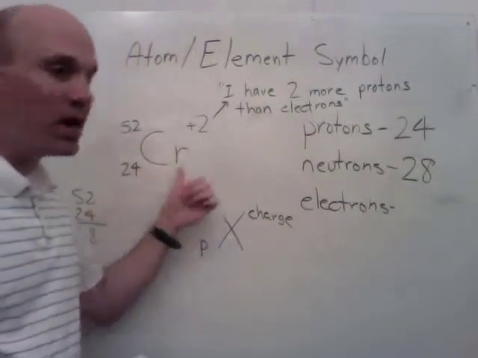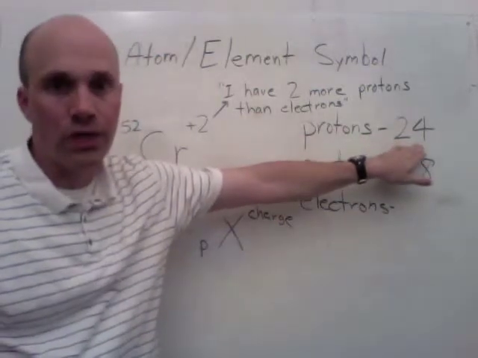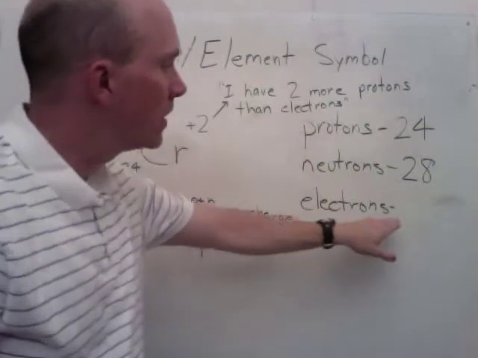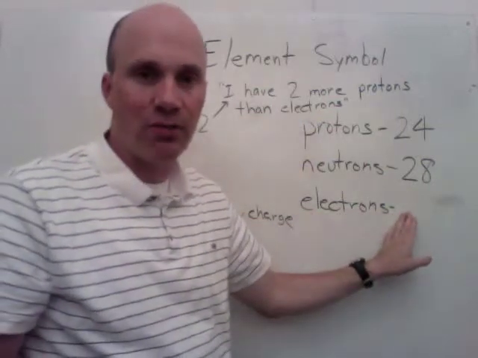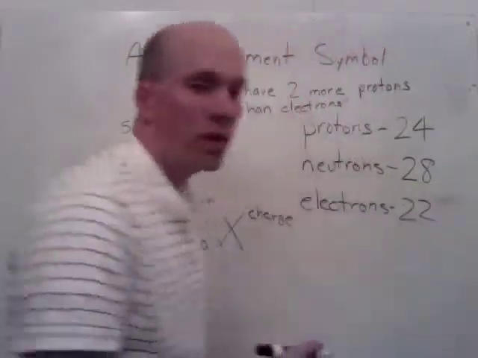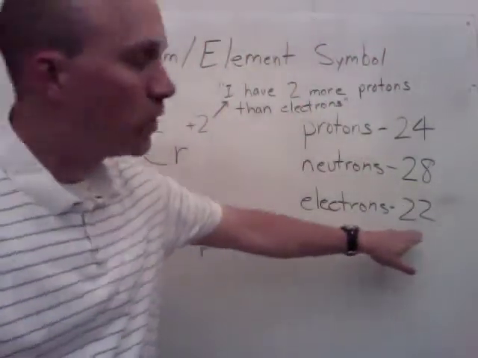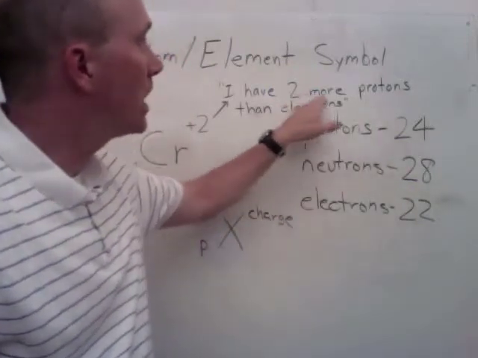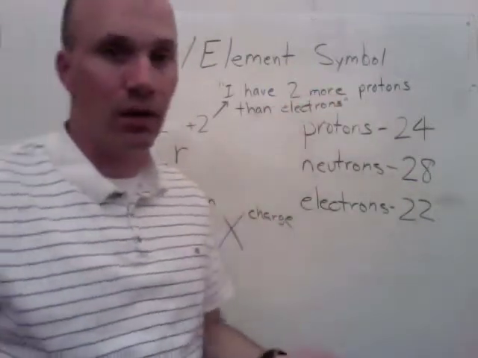If we know that we've got 24 protons and we've got 2 more protons than electrons, then what does the number of electrons have to be in order for that to be true? It's got to be 22. 22 is the number of electrons so that he would have 2 more protons than electrons.